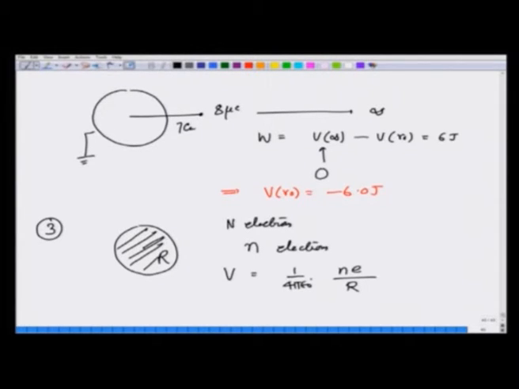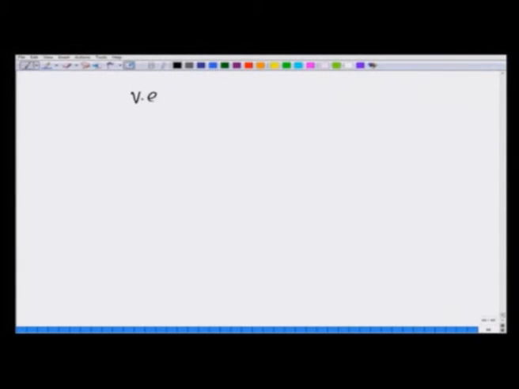If I bring an extra electron now, the work done bringing that extra electron is going to be V times E, which is going to be 1 over 4 pi epsilon 0 n E square over R. This is from going from n equal to number of electron n to n plus 1.